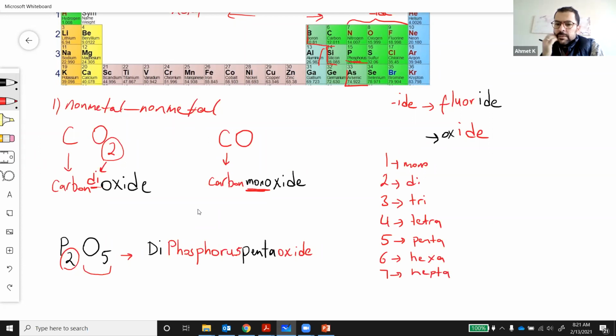Hopefully you can read it. My writing is, yeah, 7 is going to be enough, more than enough. Okay, makes sense, right? So if it's non-metal to non-metal, you need to look at your compound and recognize whether it's a metal or non-metal. And if it's a non-metal, then that's how we're going to name our compound.